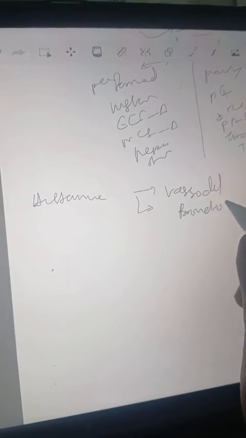First is histamine. Histamine causes two functions: vasodilation and bronchospasm. Then eosinophilic chemotactic factor A attracts eosinophils to the site of reaction and is involved in anaphylaxis. Neutrophil chemotactic factor A attracts neutrophils.